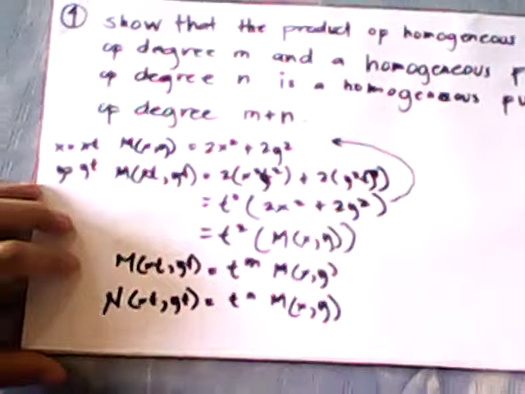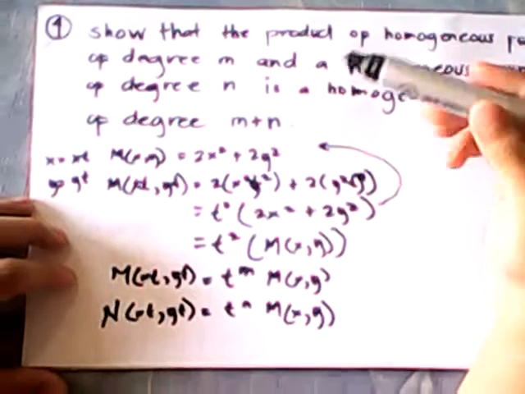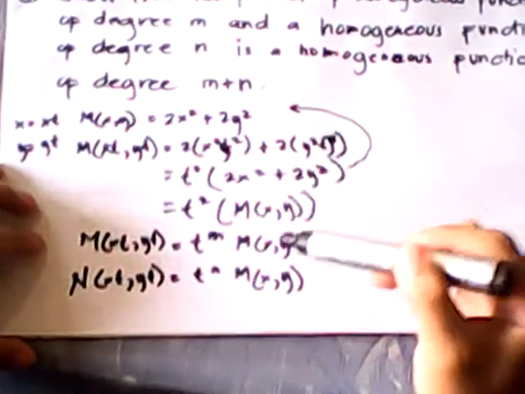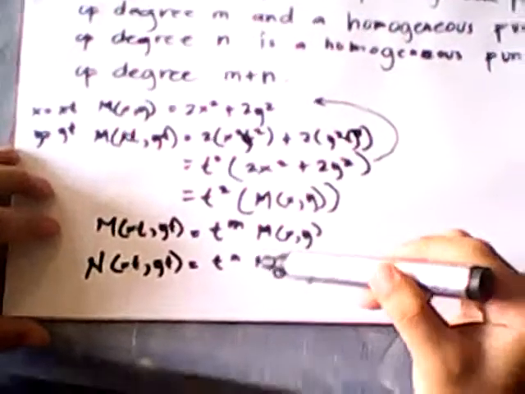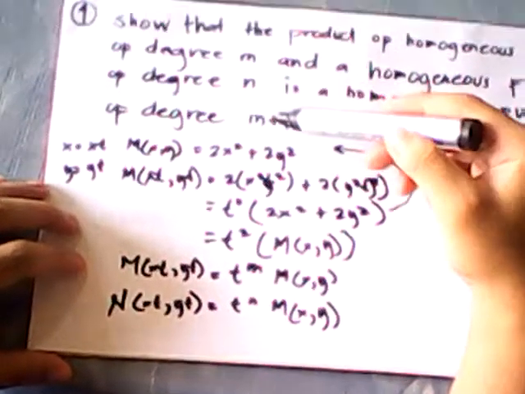So show that the product of the homogeneous function of degree m and the homogeneous function of degree n is a homogeneous function of degree m plus n.